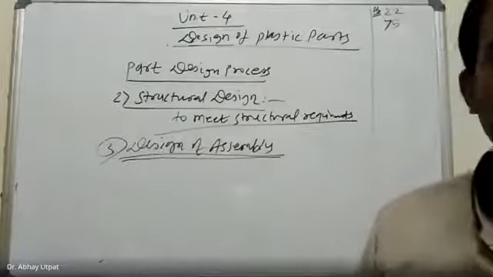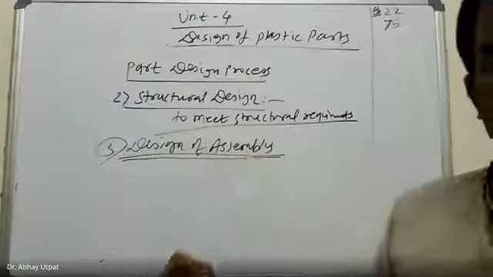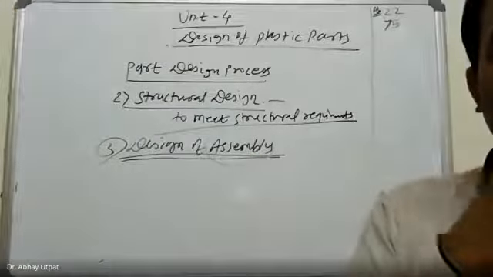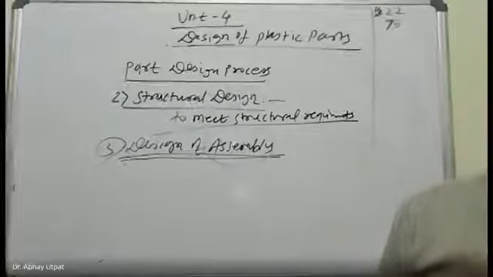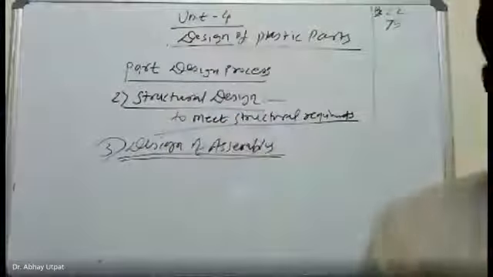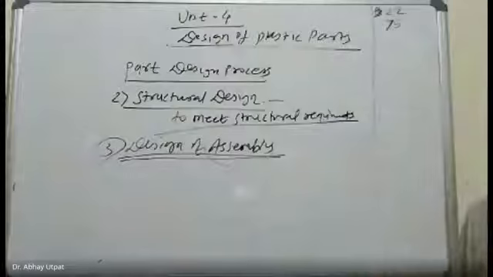Huh? Now assembly. How to make assembly? Think over it. How are you going to make assembly? Tell. Ajinkya Jadhav, roll number 23. Roll number 23, Ajinkya Jadhav.